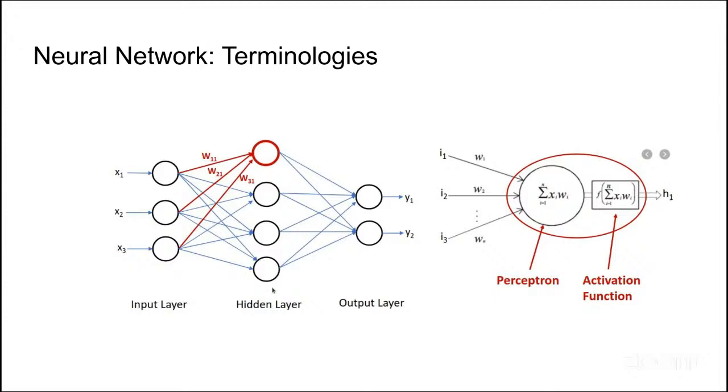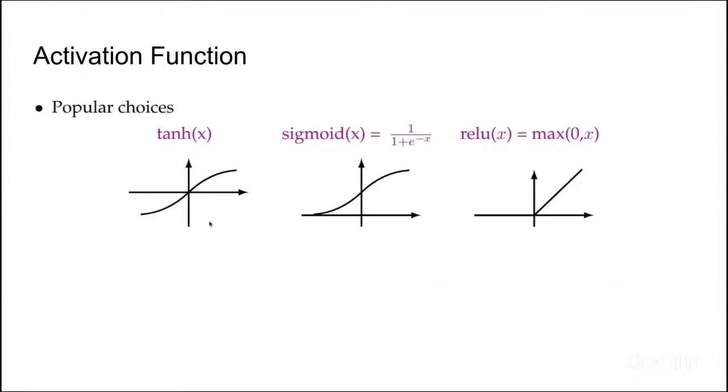You can apply any different kind of function here. It is not restricted that you have to apply the same function throughout all the neurons and layers. It depends on your design choice. You can choose any function f, and these are some of the popular choices.